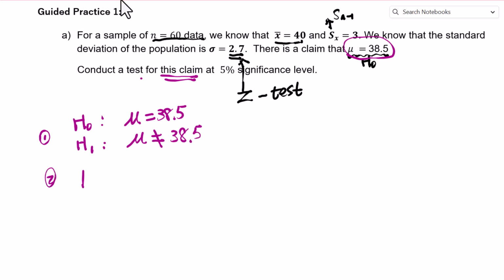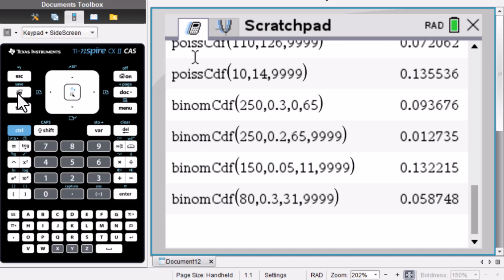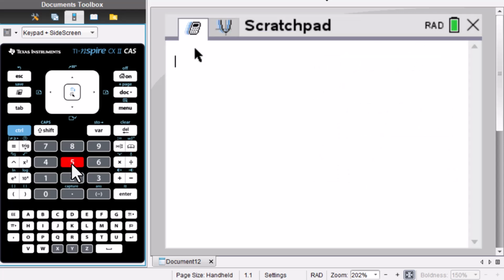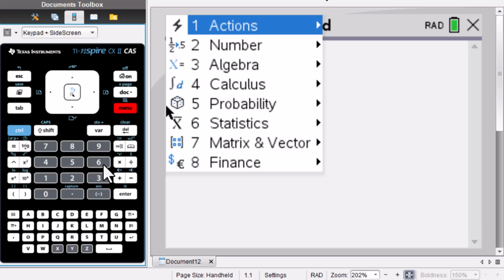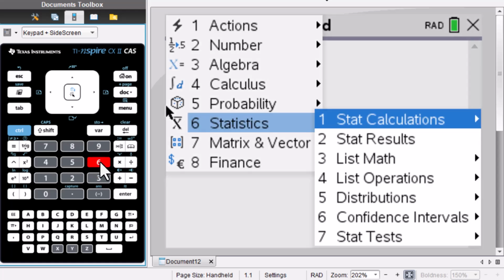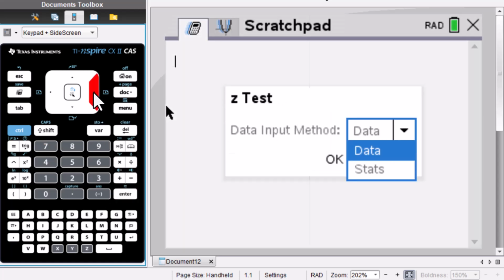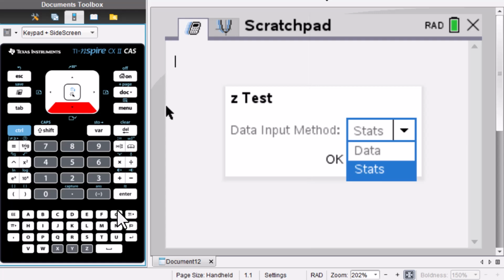Second step, we will work out p-value by calculator. Use a scratch pad, menu 15 to clear the history. Menu 6, 7. Stat tests. Z-test. We are given stats, not data.